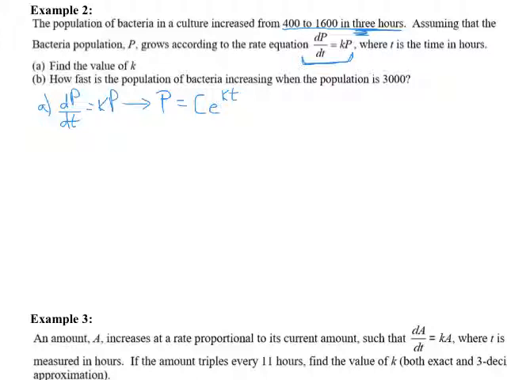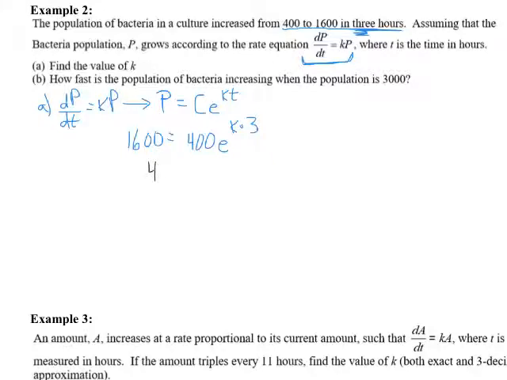Now we have an equation describing the population growth, and we can use our information to solve for k. The population started at 400, and after 3 hours it jumped up to 1600.